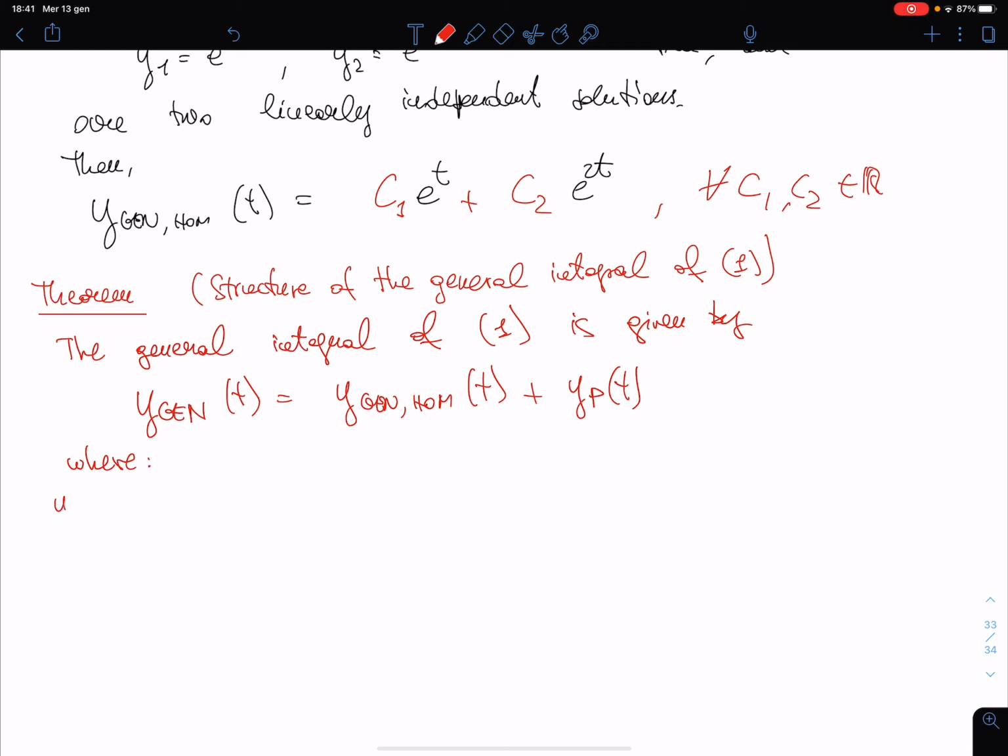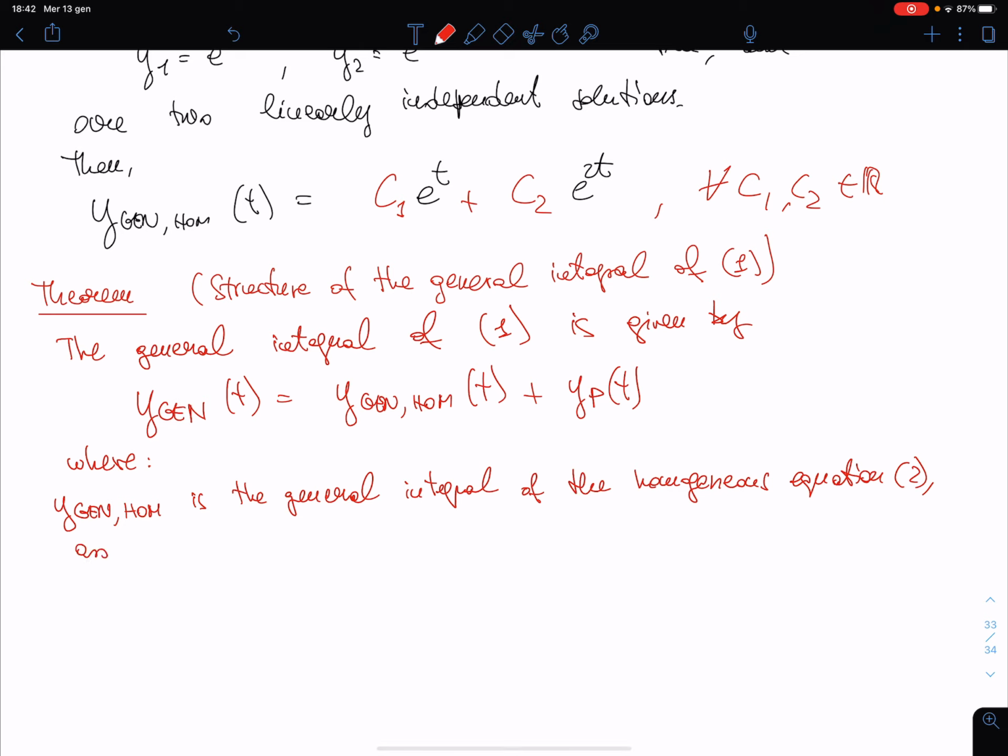Where y gen hom is the general integral of the homogeneous equation associated to 1, second, yp is a particular integral of 1.